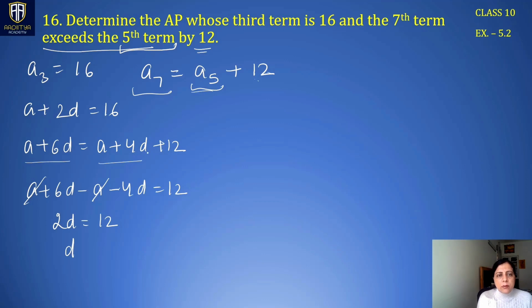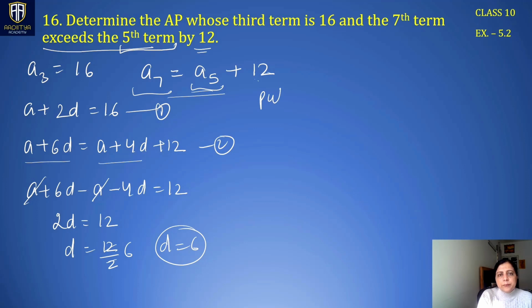So instead of using elimination, from this one equation only we can get the value of d. This is 12 by 2, which is 6. d is 6. We can simply put this value in equation 1. Putting d in equation 1, we have a plus 2 times 6 is 16. a is equal to 16 minus 12.